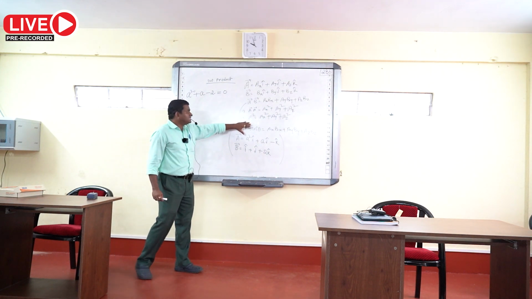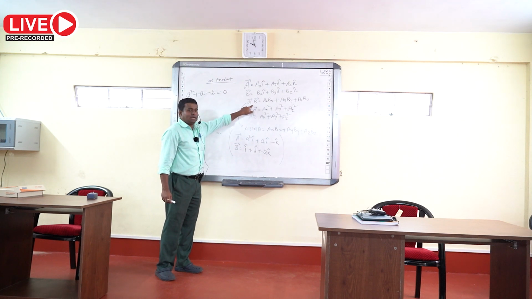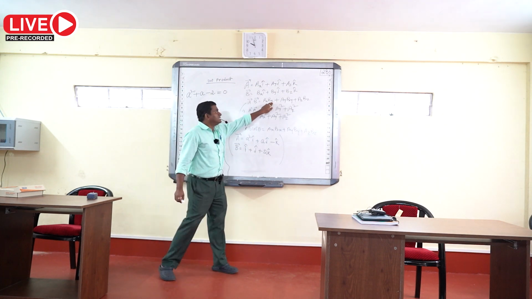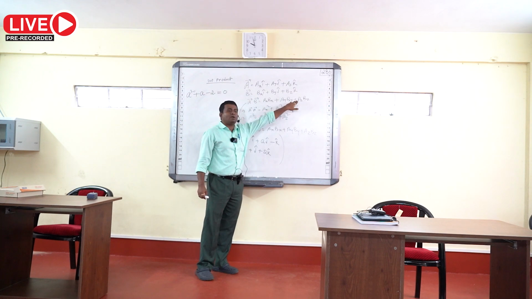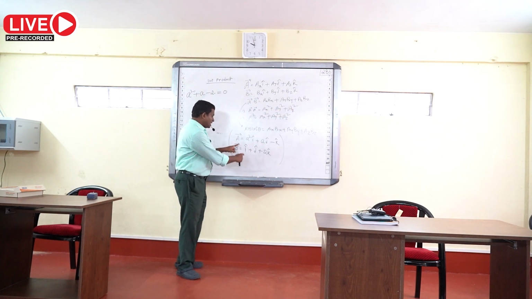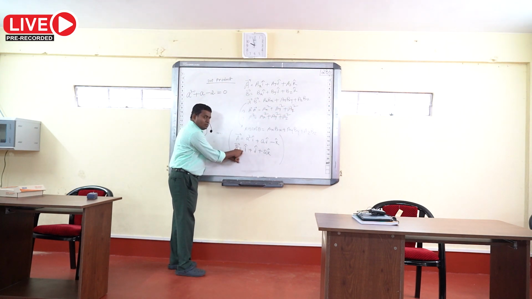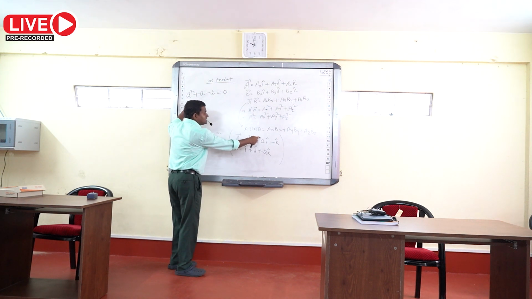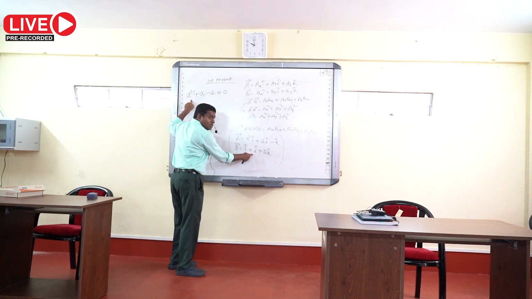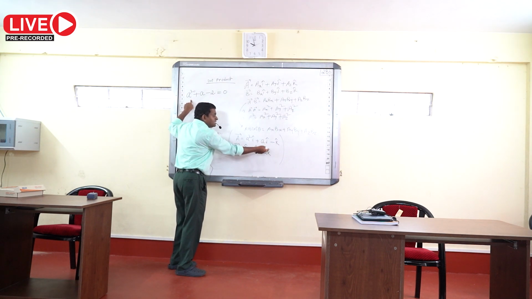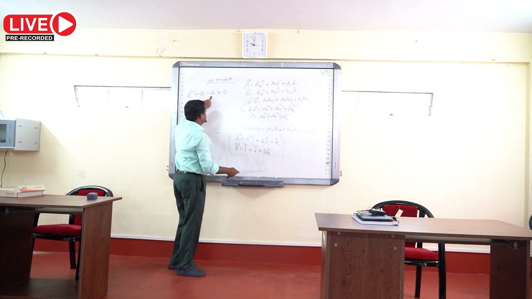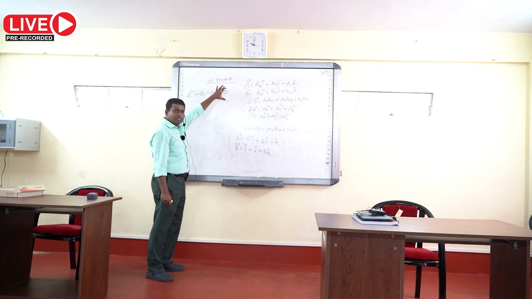So A dot B on this side will be 0, and the other side will be Ax Bx plus Ay By plus Az Bz. Accordingly we construct: a square into 1, that is a square, plus a into 1, plus minus 1 into 2, that is minus 2. So we got this equation. Now we have to solve to find the value of a.